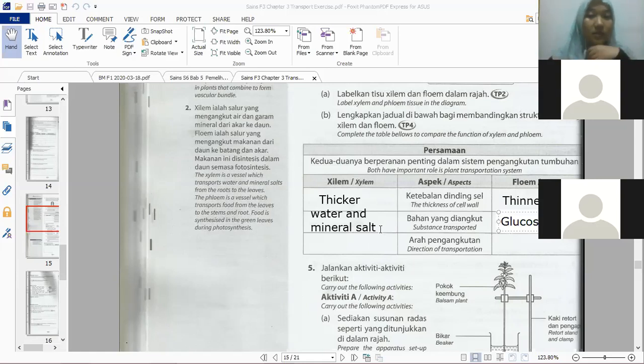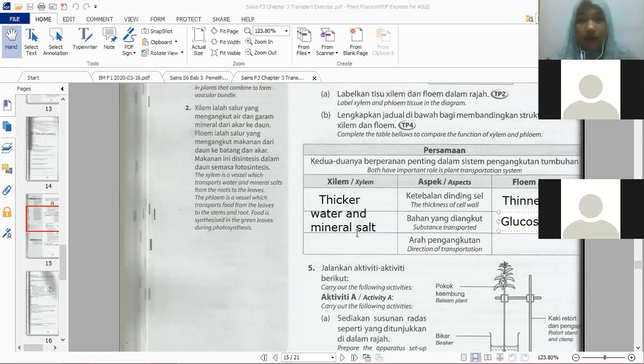Tapi kalau you letak sini contoh lah, you kata substance transported mineral only without you put water, so I think you lose mark there because water and mineral, if there's no water, so mineral cannot be transported because the mineral is inside the water. Okay, so you have to put water and mineral, or you can say water and mineral salt. Okay, so yang lain boleh faham apa yang maksud teacher tadi?